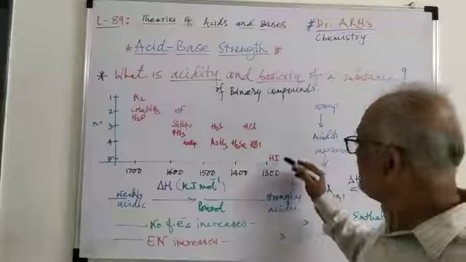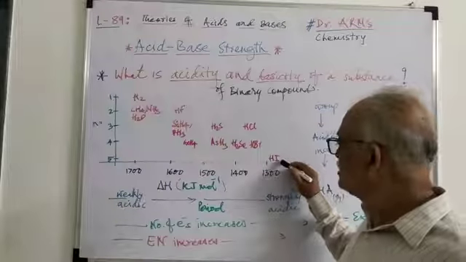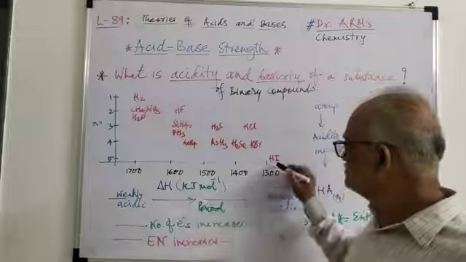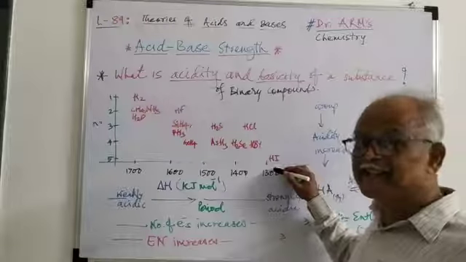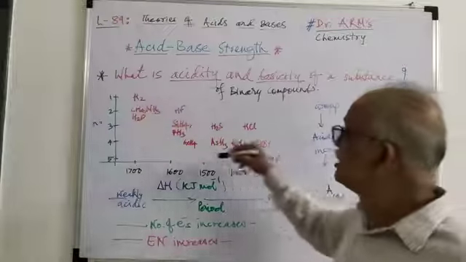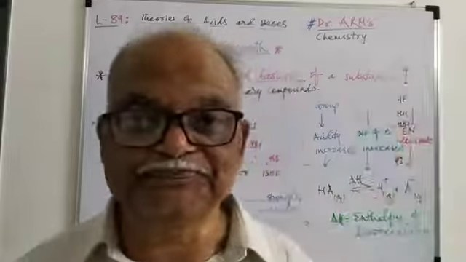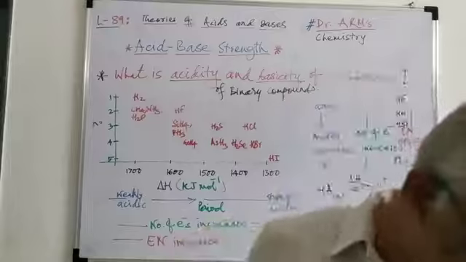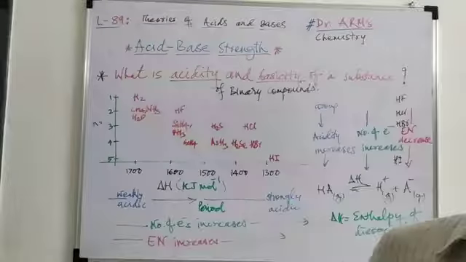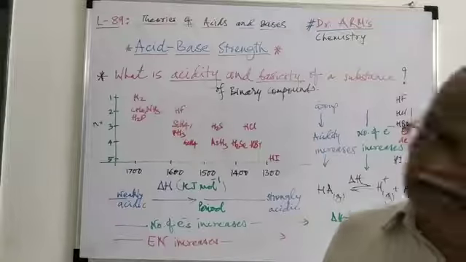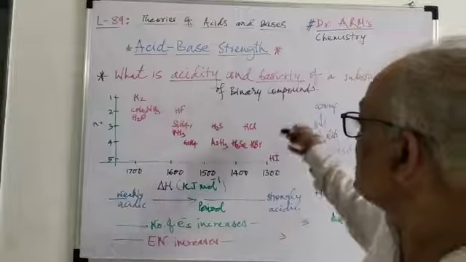And HI is shown here having a delta H much less than 1300. So compared to all these species, HI is the strongest acid. In this way, you will find the strength of acids in terms of the acidity and basicity factor.